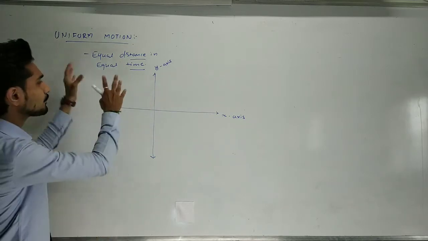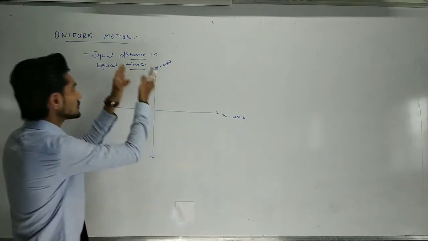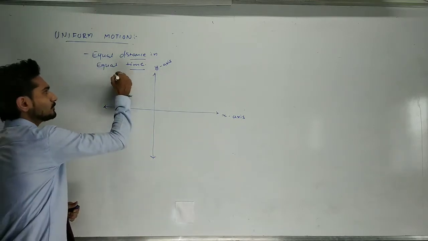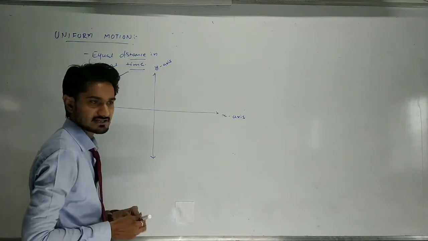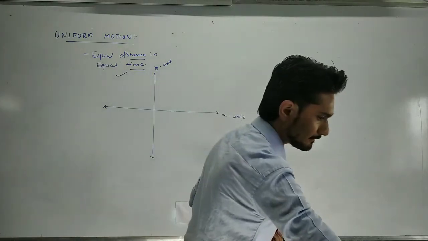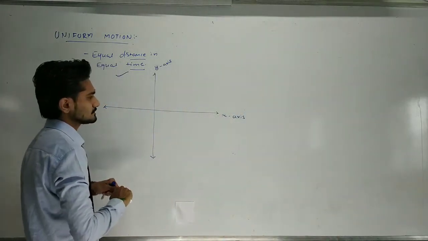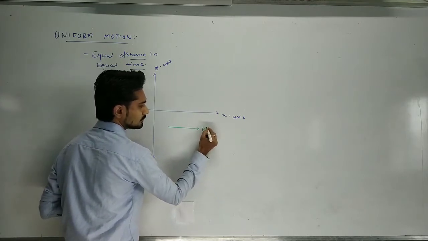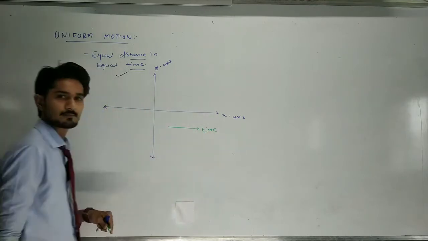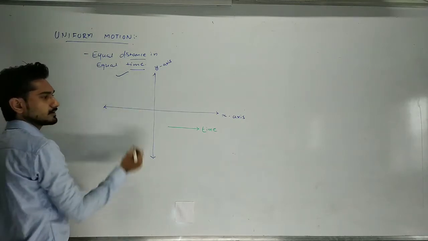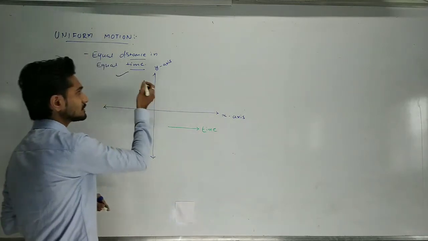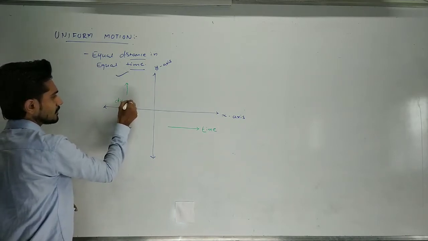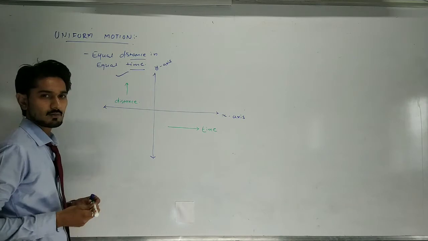Now what should I put on the x-axis and what should I put on the y-axis? I need to put time on the x-axis. Here I am drawing the time. And what should we write on the y-axis? We should write the distance on the y-axis.